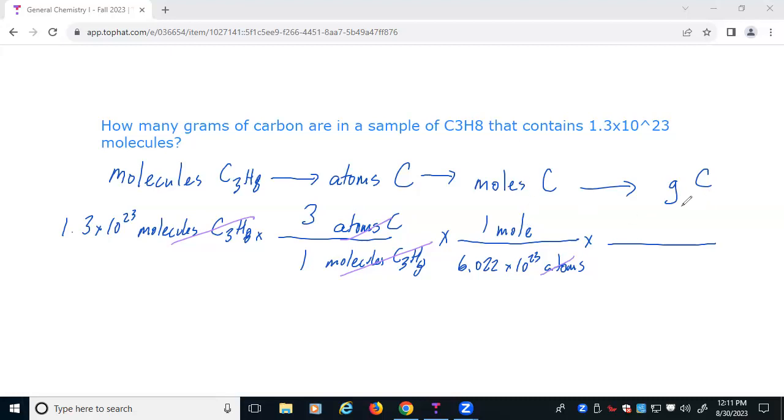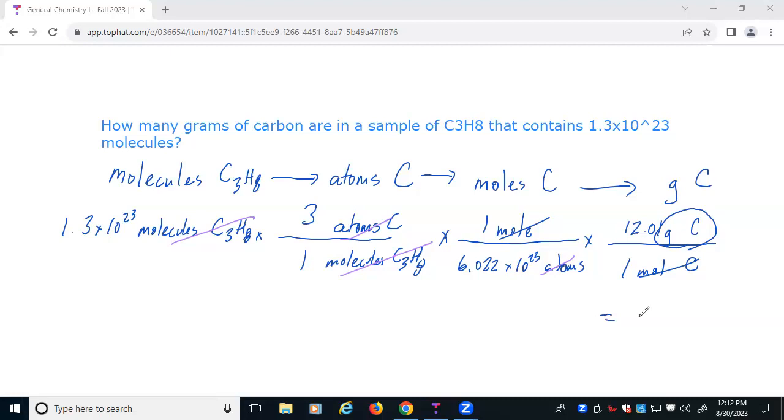To turn the moles into grams, I need a molar mass. 1 mole of carbon is 12.01 grams. My moles cancel. I'm left with grams of carbon.